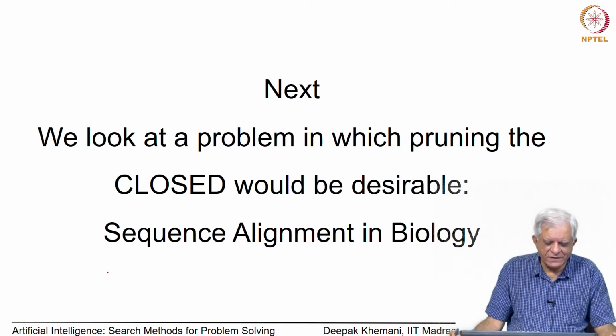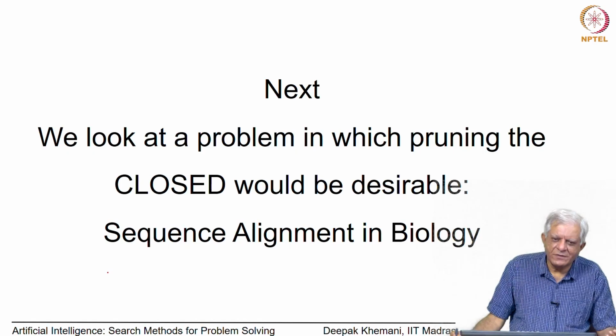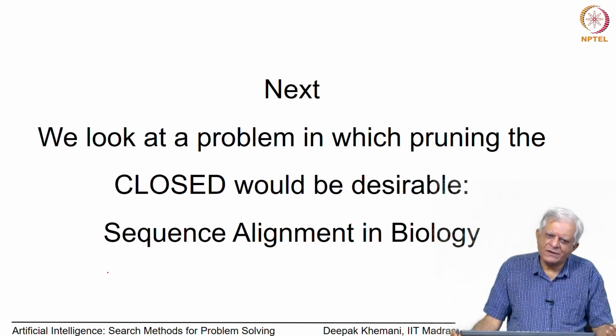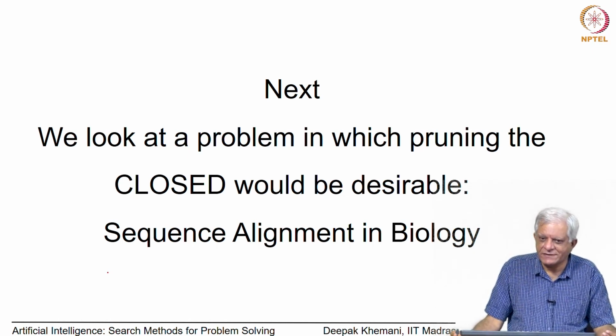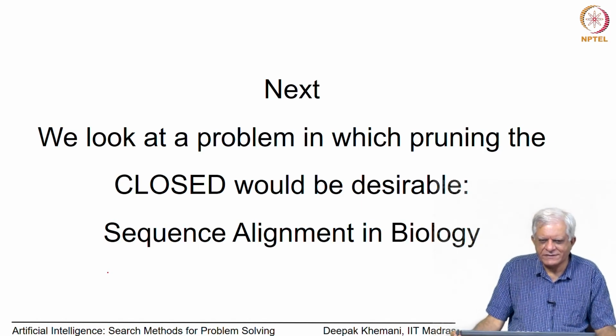What we will do next is to look at a problem where pruning of closed would be a desirable feature. And this problem has come from modern times, from biology. Biology has become more and more involved with computational techniques. We have bioinformatics, we have computational biology, all kinds of biology work is being done by computer scientists nowadays. And so, computer scientists are taking up biology and biologists are taking up computer science, and it is quite an exciting field of research.